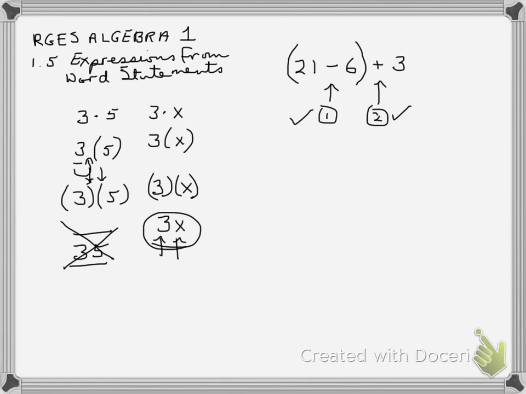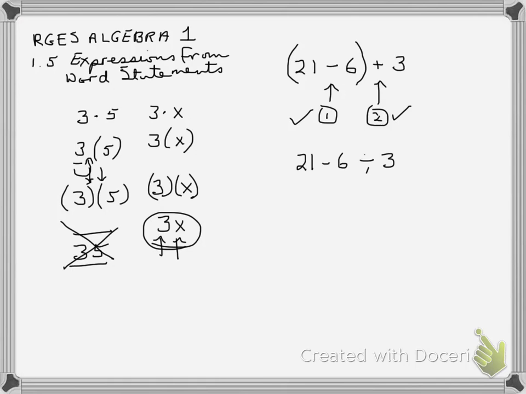Now, the next one says, subtract 6 from 21, then divide by 3. Okay, so start with my 21, subtract 6. And if I want to divide by 3, do I need parentheses? Yes. Why?